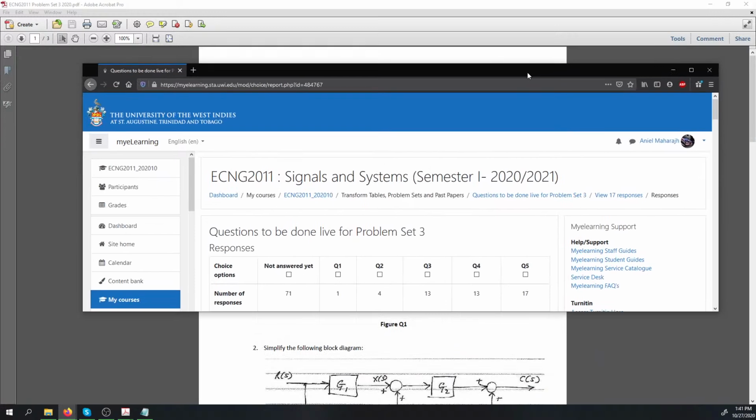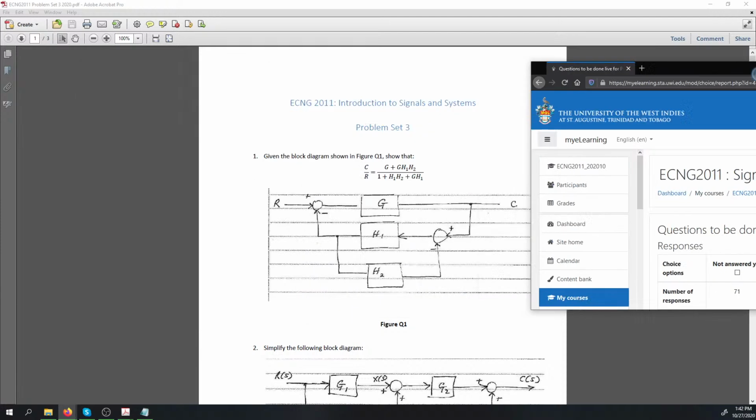The results show that the majority of people want questions 3, 4, and 5 to be done from this problem set, whereas questions 1 and 2 didn't really have much response. So I guess 3, 4, and 5 gave you the most trouble, or you need a little more rectification on how to solve these problems. So we'll do question 3 first, then question 4, and then question 5.